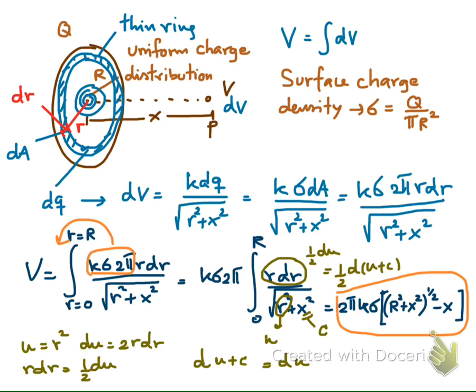In this example and the previous example, we started from the electric field because we used Coulomb's law in the calculation of the electric potential. But if we know the electric potential, we can calculate the electric field, and we will look at that calculation in the next slide.